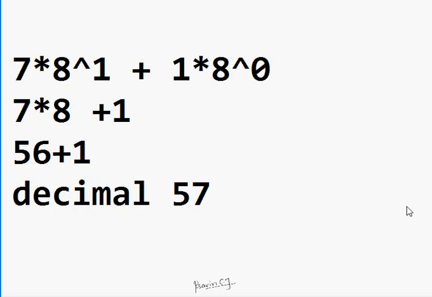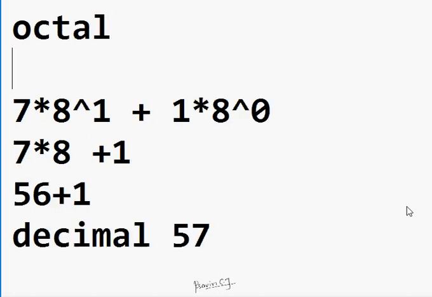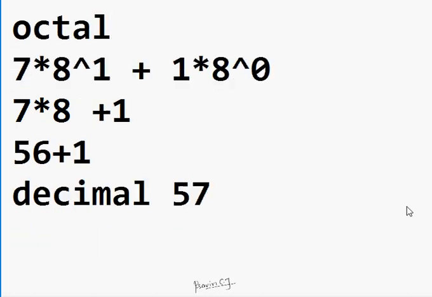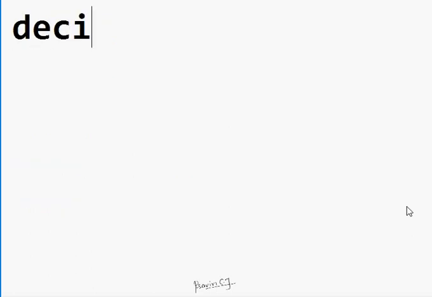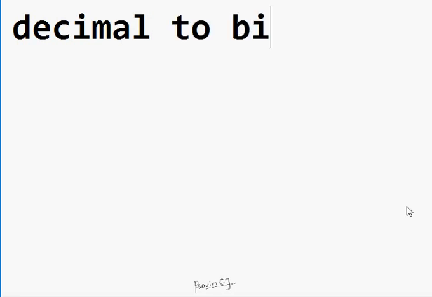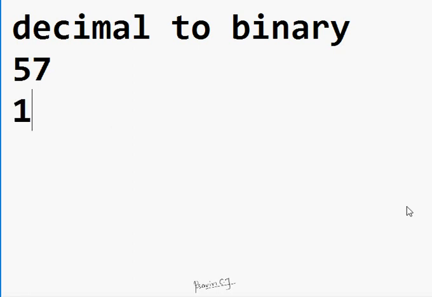Now we will convert this decimal to binary. For decimal to binary for 57, we have different options. We can calculate it this way. We categorize into 16 and 32, and 32 plus 16 becomes 48.